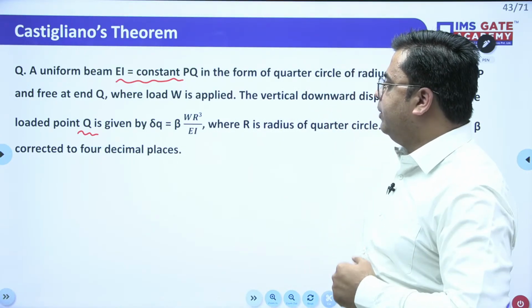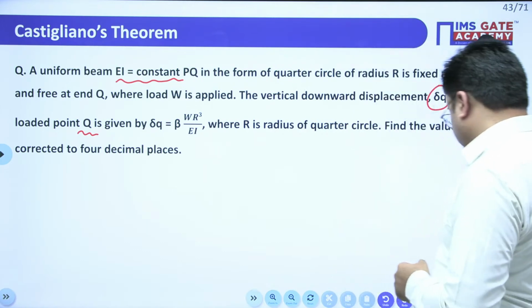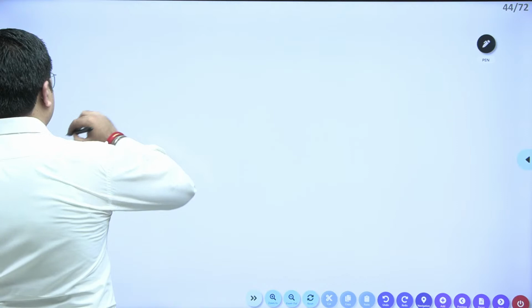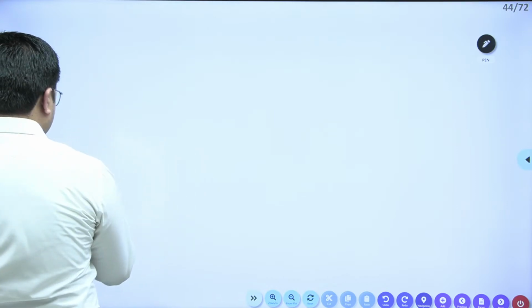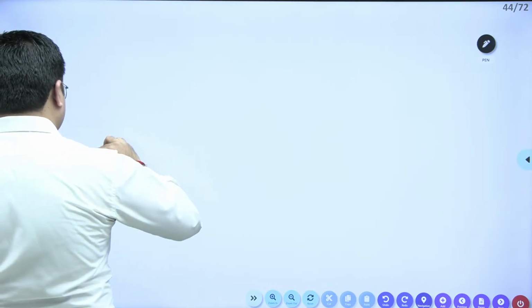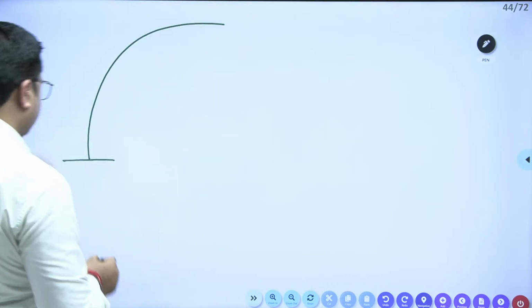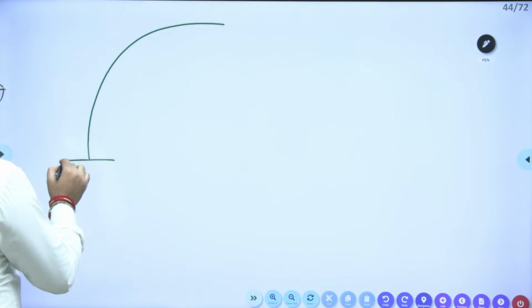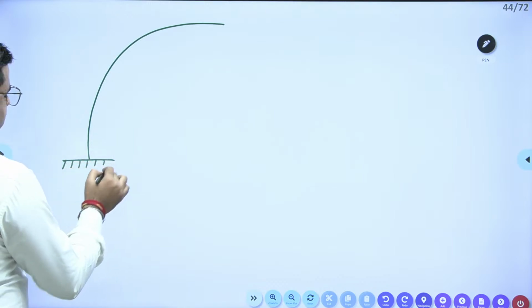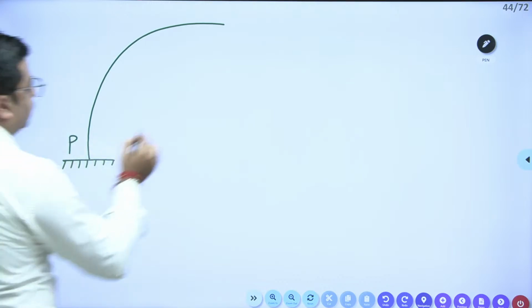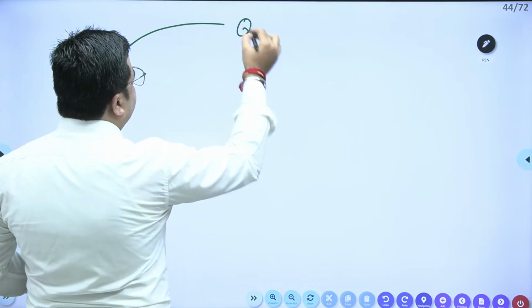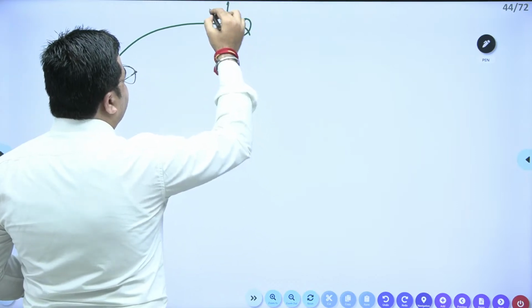A uniform beam EI. Okay, so let me draw the beam. The beam is in the form of a quarter circle. This is my point P and this is my point Q. At point Q, the vertical load W is acting.